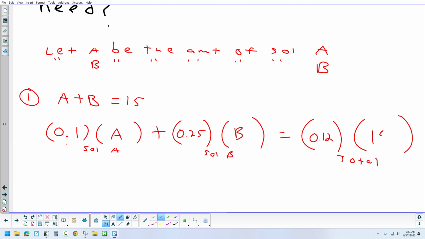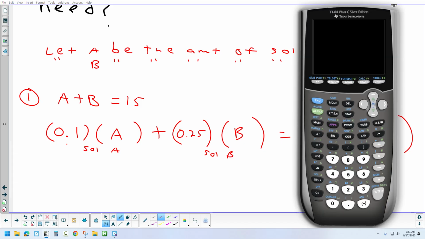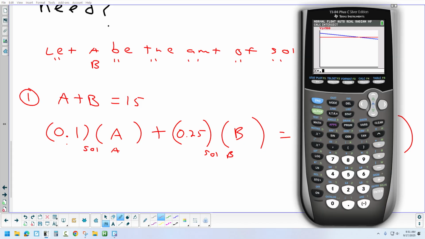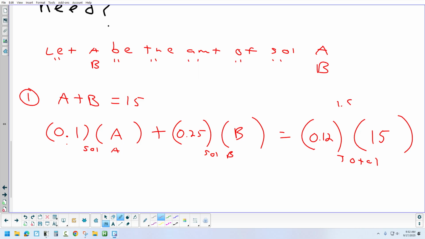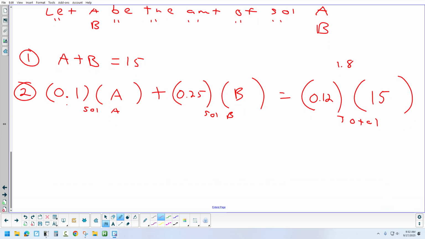So that side is generally a number. On that second formula, we can multiply that out and just get a number. So let's do that. 0.12 times 15 is going to give us 1.8. I'm just going to put it above it for now, and I'll rewrite it all in a second. Okay, so equation 1, A plus B equals 15. Equation 2, if I clean that up a little bit.